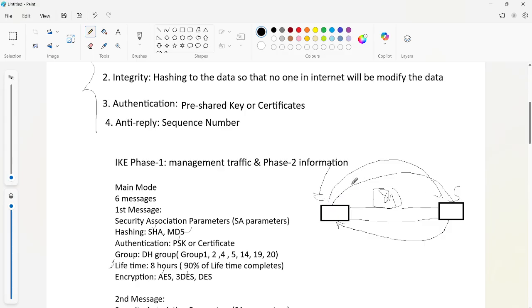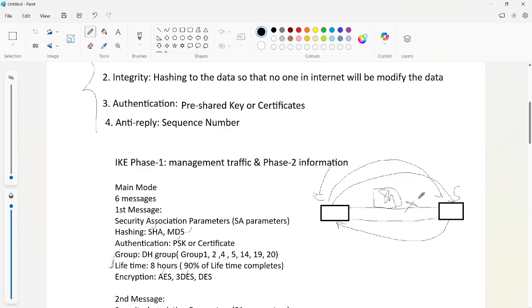Whenever there are changes in your network configuration, if any parameters are mismatching, the firewall is going to break your phase one tunnel, or your IPsec tunnel. If the IPsec tunnel breaks, our information will not be shared between the branch offices. We cannot reach the other side of the branch office. That is the reason we have a lifetime.